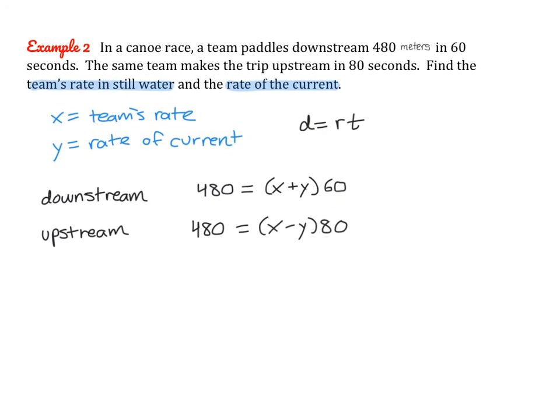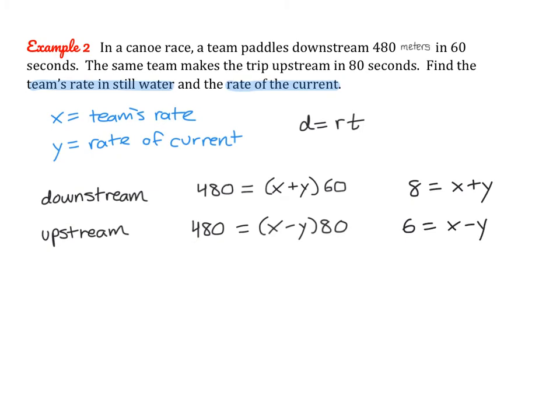So with this set of information, we can actually solve this as a system of equations. So first thing I'm going to do for each equation, I'm just going to move these numbers to the other side using division. So here I'm going to divide both sides by 60, and that gives me 8 equals x plus y. And here I'll divide both sides by 80, and that gives me 6 equals x minus y.